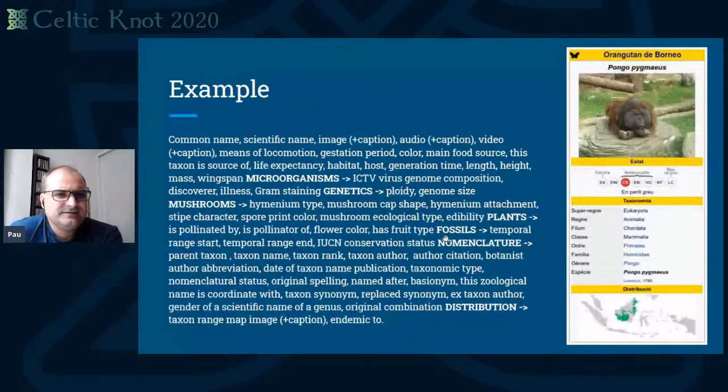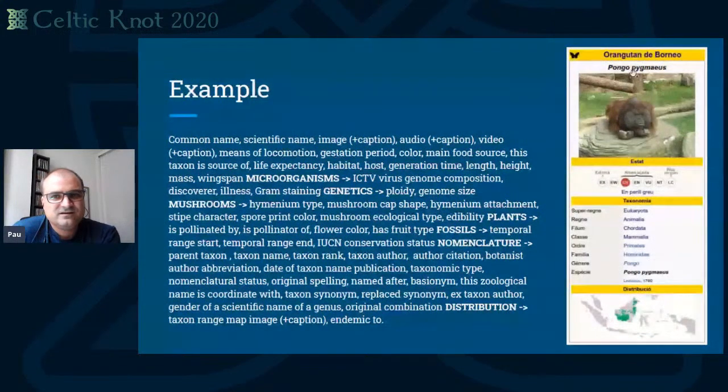What properties do we import? We import a lot of properties. For example, this is the Infobox for taxa, and we import a lot of properties. For example, ploidy, genome size, immune type, mushroom cap shape, or basionym, or this kind of fields.